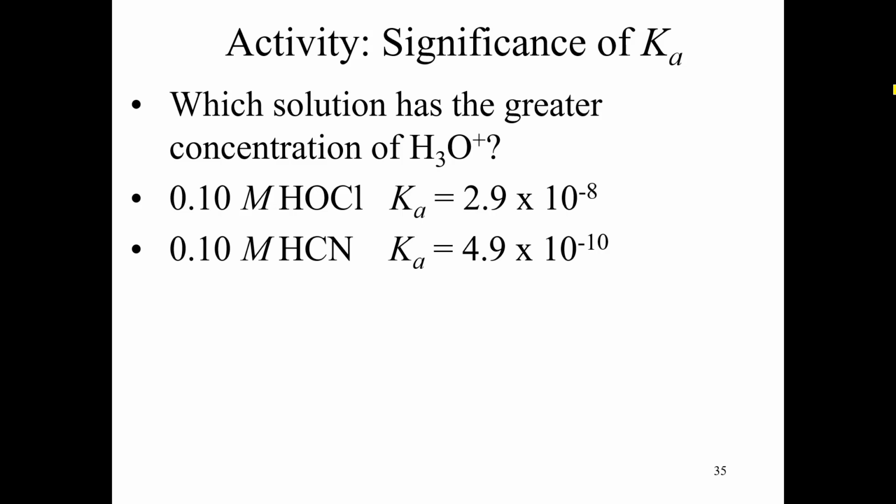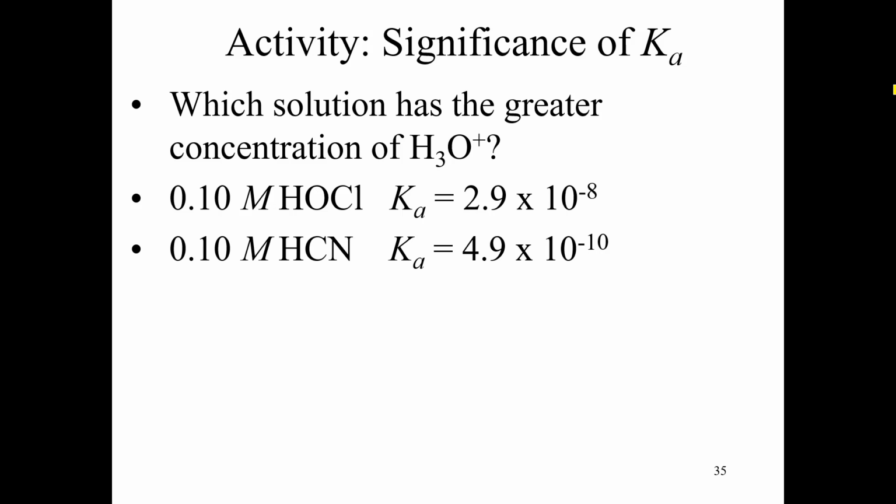Okay, so remember, the more negative the exponent on the 10, the smaller the value. In this case, since the concentrations of each acid are the same, the only thing that's going to determine the concentration of hydronium ions, which is on the products side of the equilibrium, is the value of Ka.